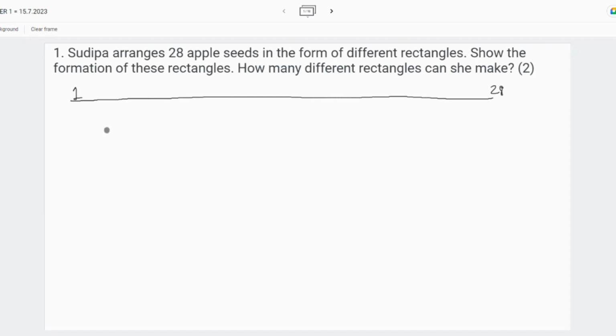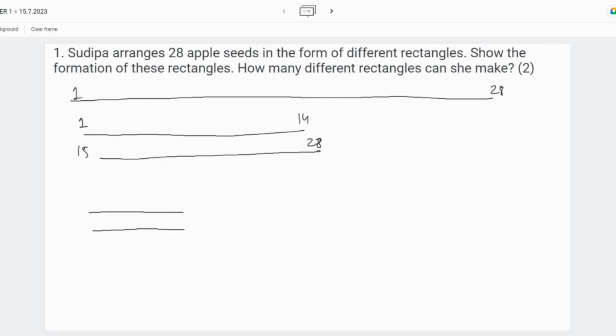So if I have two lines, in the first line I'll have 1 to 14th and in the second 15th to 28th apple seeds. So there are two rows, and in each row there are 14 seeds.